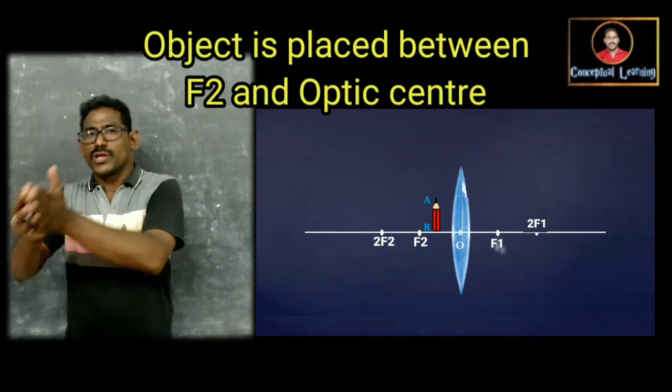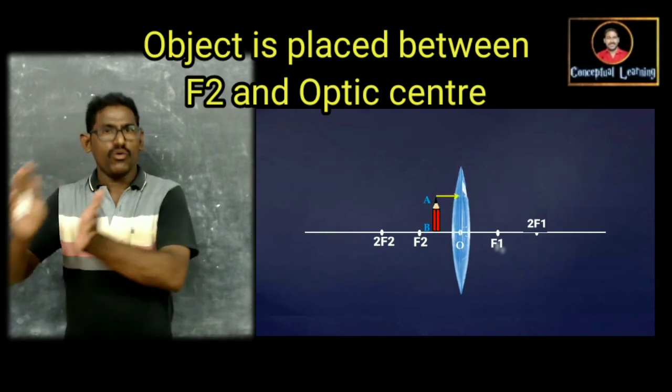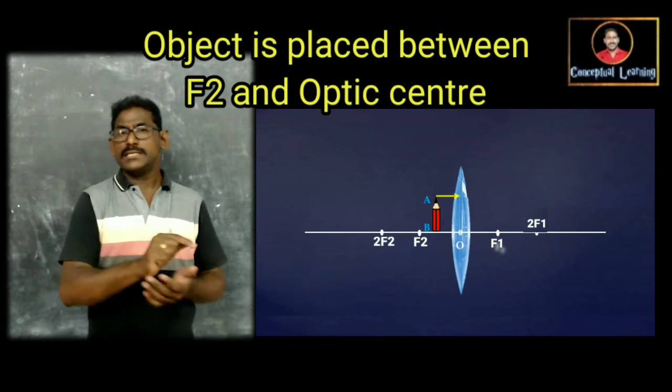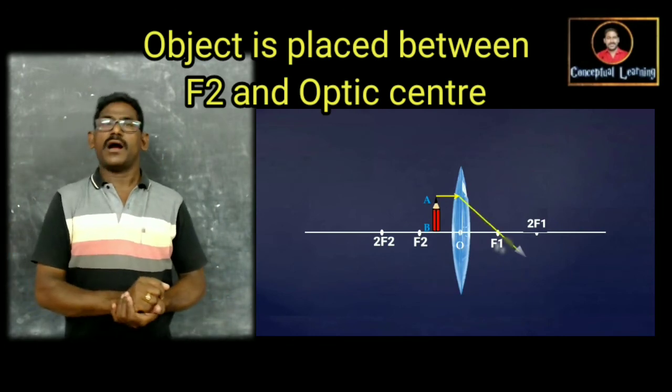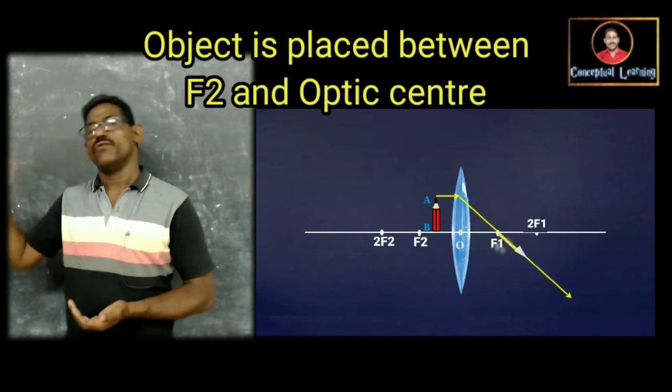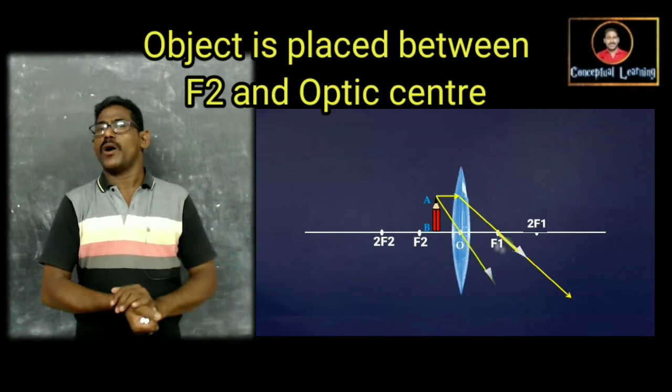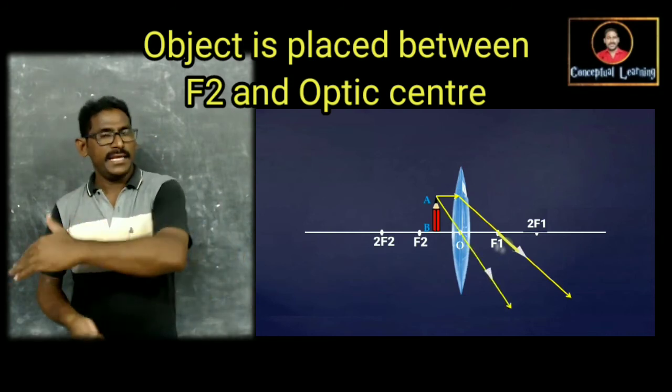If we place it at less than the focal length, that is, between F2 and O, the first ray, which is parallel to the principal axis, after refraction passes through the focus. In the same way, the second ray, which is passing through the optic center, is undeviated.